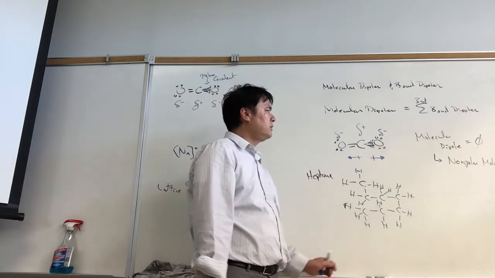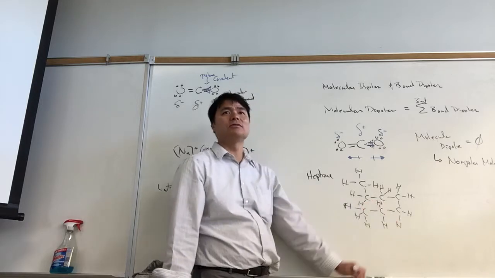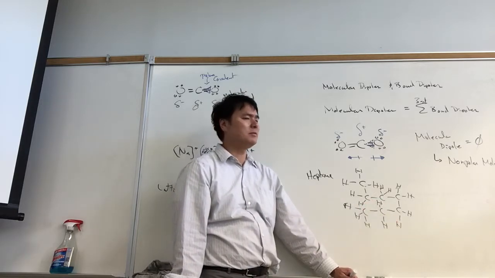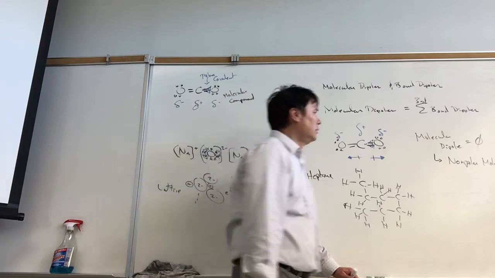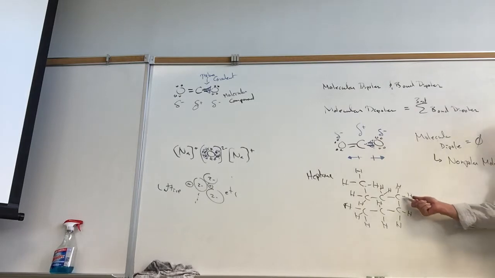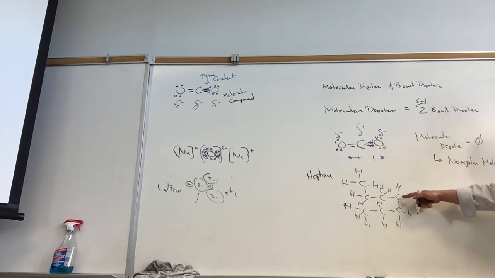But do you think all the bond dipoles will cancel in 3 dimensions? Something like, no, it doesn't seem like it would, but we don't have to worry about that because all the bond dipoles are so small, they're negligible. Because the electronegativities of carbon and hydrogen are right next to each other, and actually quite close, carbon-hydrogen bonds are nonpolar.